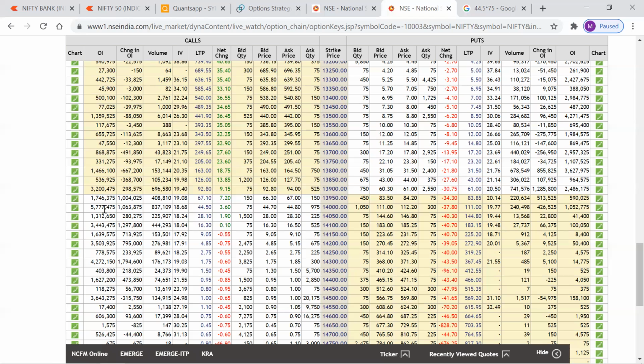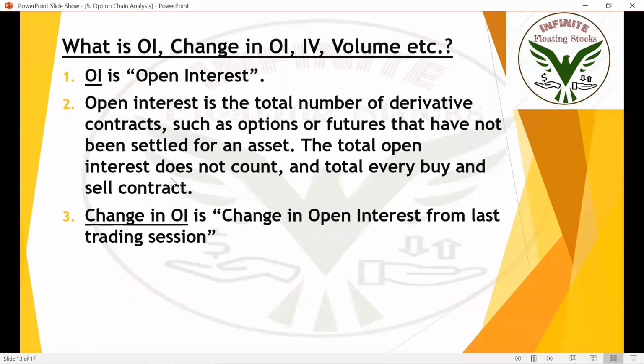Because of that pressure, the value of OI and change in OI changes every 1 or 2 minutes. If the value is 13 lakh 59,525, that means those many orders are getting ready to get executed when the market reaches 13,500.